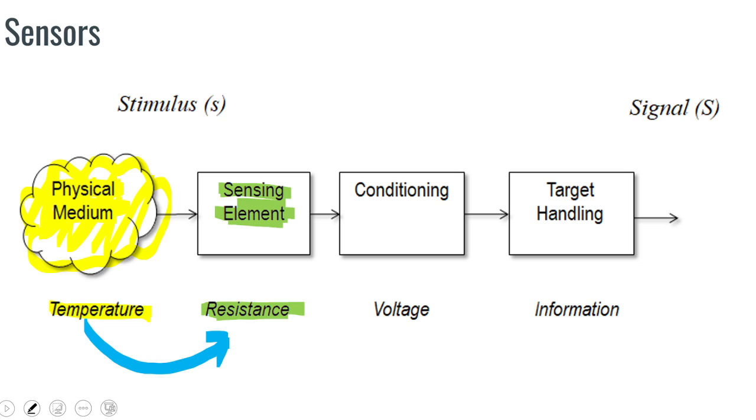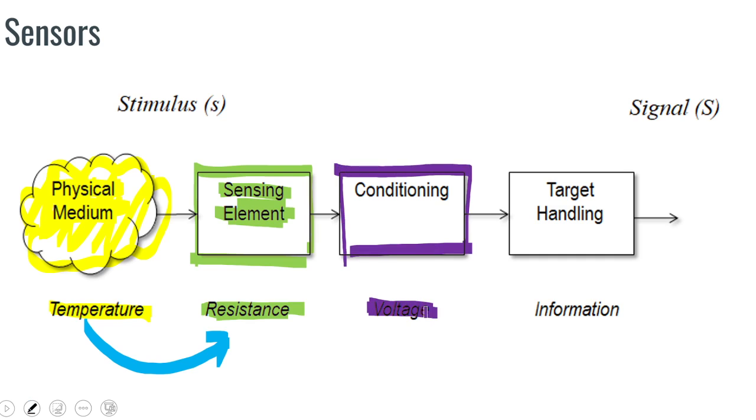Then, when the resistance changes, that would result in what is called conditioning, or some change being produced. In this case, it could be a voltage difference being observed. That is the conditioning.